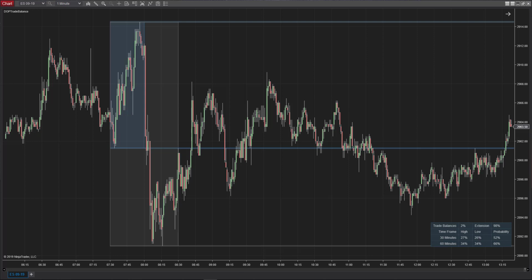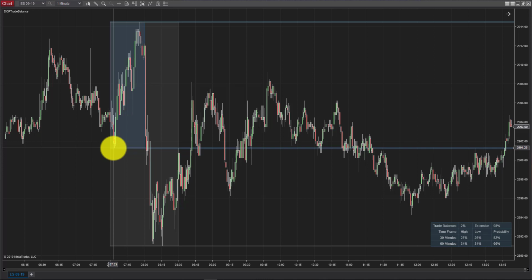First of all, I had mentioned in the prior video that as soon as support is found, and if and when that's broken, and if and when price travels back to that area on the flip side, we want to get in on that trade. So we had initial support at the low of the first 30-minute segment at 2901.25.